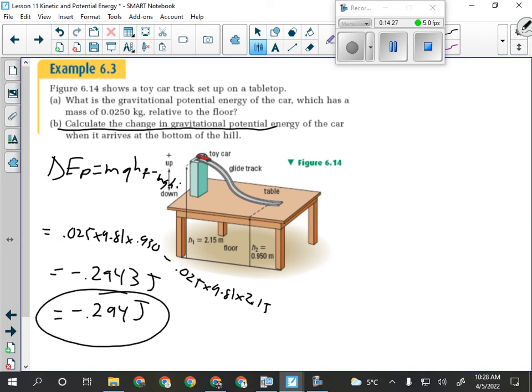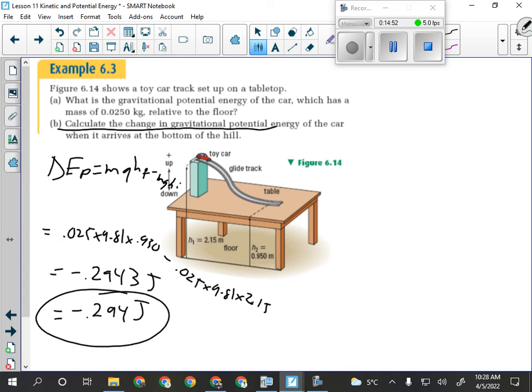Obviously there was a change in energy in this question. Was work done in this question? The cart went down the track to the table. What caused it to do that? Gravity.